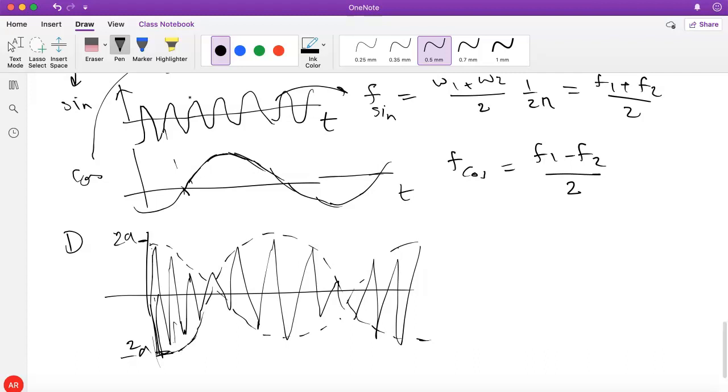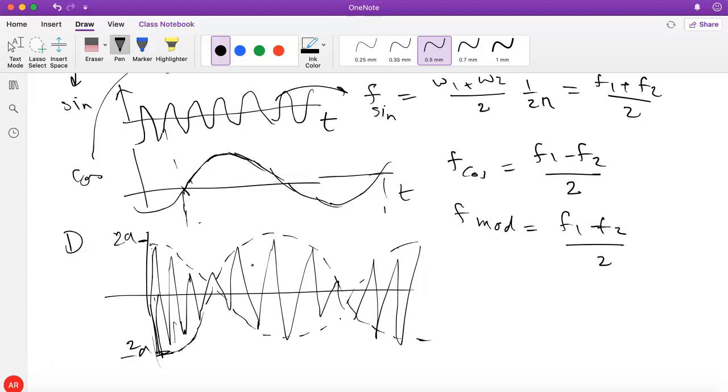Okay, so now if you're thinking about sound and you put a sound detector at some point, what you're going to hear, what you're going to detect, what matters is the history graph we talked about. So this thing, f cosine, is also known as the modulation frequency. F modulation is (f1 minus f2) over 2.